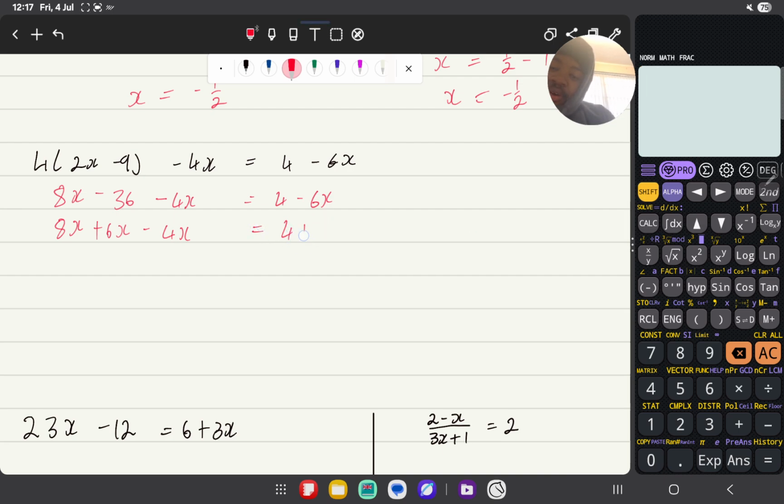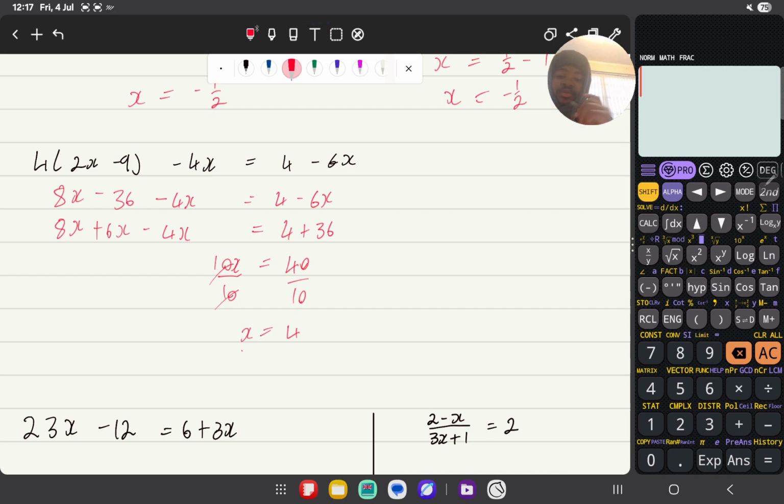Then I have plus 36. 36 and 4, that is 40. Here I have 2, I add that, I have 10, so that is 10x. Then I divide by 10, this cancels, x equals 4.